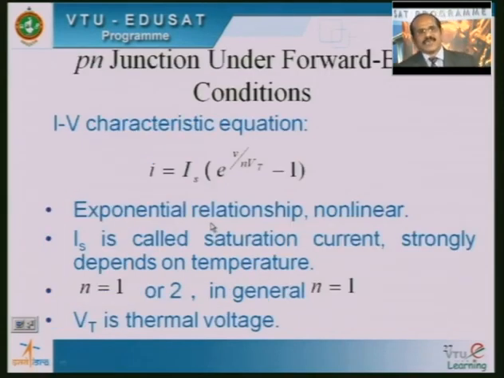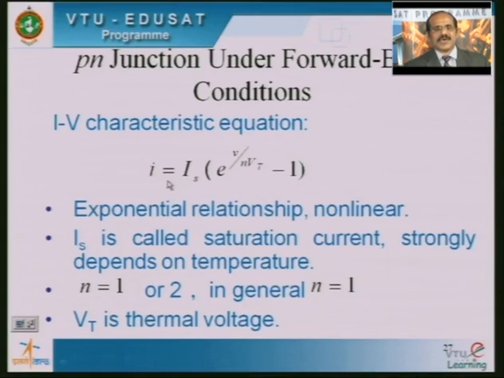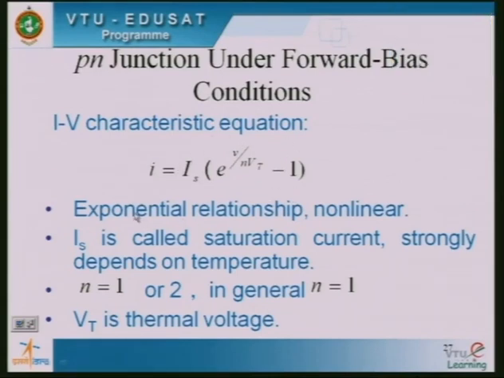So friends, you can see here a PN junction under forward bias condition. It is defined by the IV characteristic equation, wherein I is equal to Is times e raised to V by N VT minus 1. It can be seen from this equation that an exponential relation exists, and the relation between V and I is non-linear.